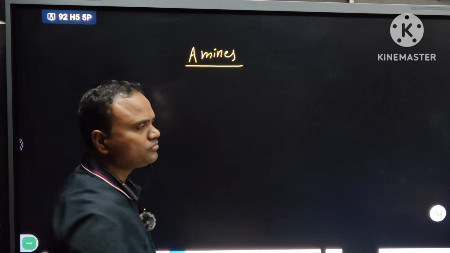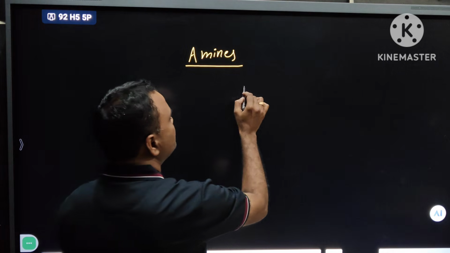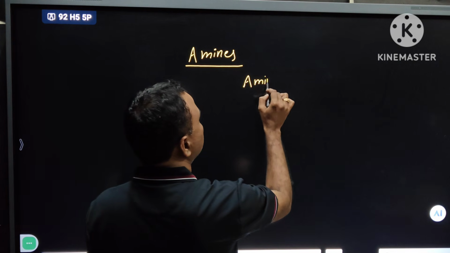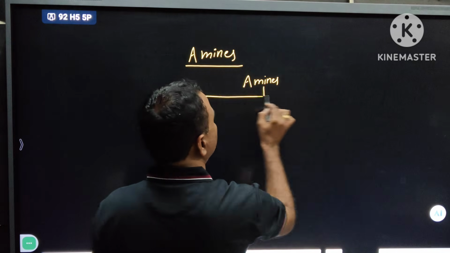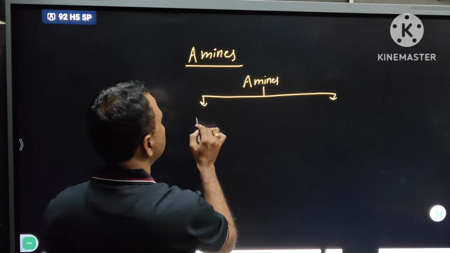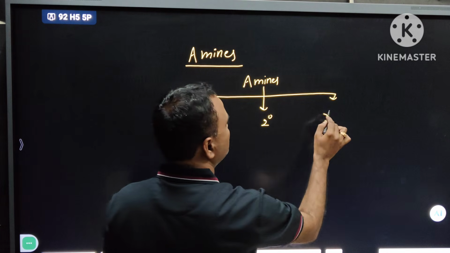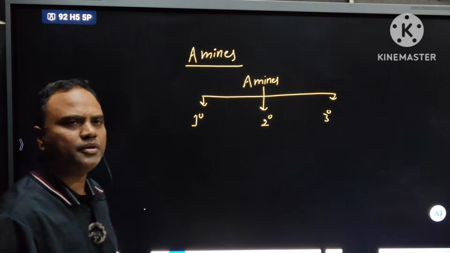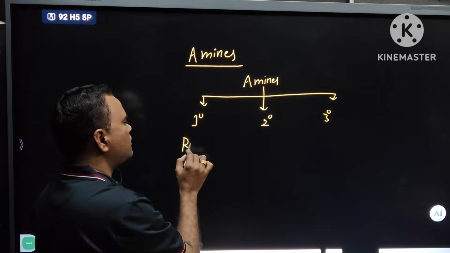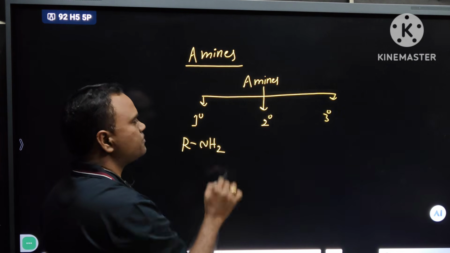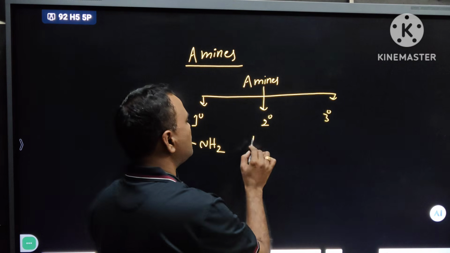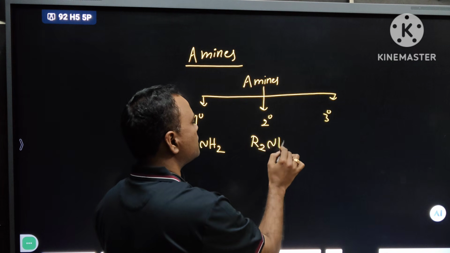Amines. First of all, you should know the classification of amines. Amines are classified into primary amine, secondary amine, and tertiary amine. What is a primary amine? If one alkyl group is present, that is a primary amine. If two alkyl groups are present, that is a secondary amine.